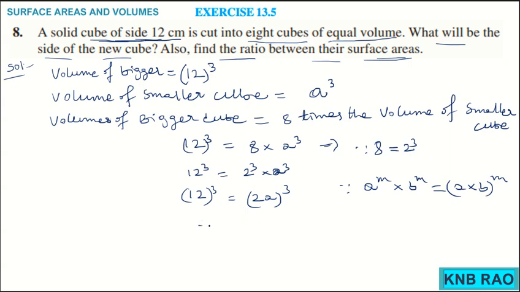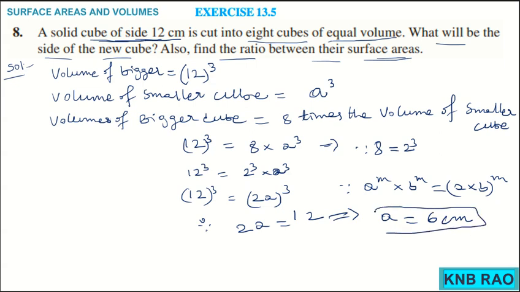So thus we have 2a equals 12. It implies a equals 6 centimeter. So I got the side of the smaller cube. Here we have assumed the side of the smaller cube as a.